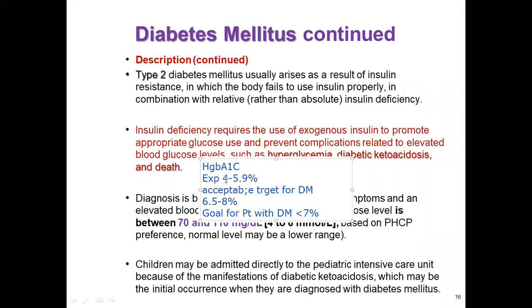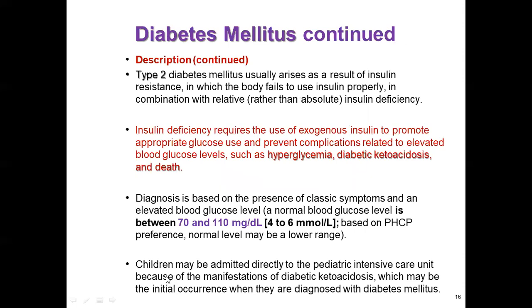The expected range would be 4 to 5.9%, and the accepted target for a diabetic patient would be 6.5 to 8%. The goal for the patient with diabetes mellitus is a hemoglobin A1C of less than 7%. It is important to know.